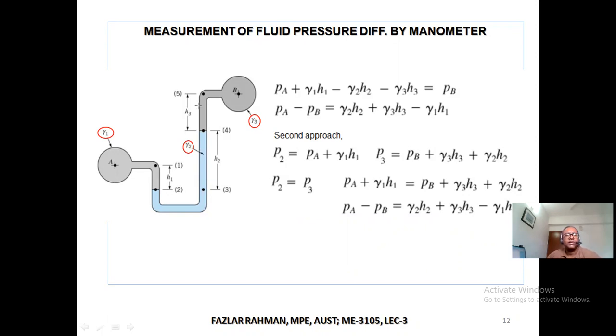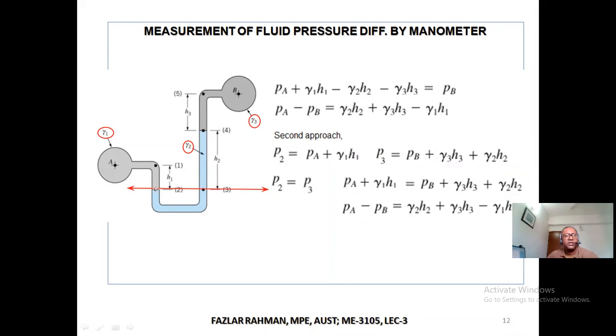You make a horizontal plane where the fluid has the same line. We can say this point is 2, this is 3.